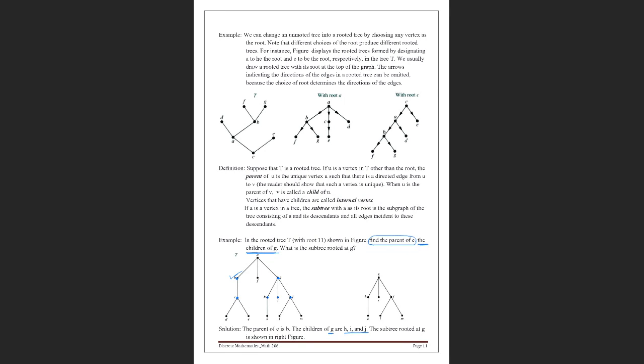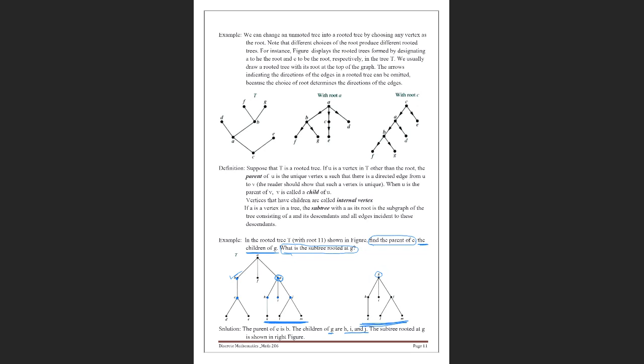Okay, and now the last question: what is the subtree rooted at G? It means if you take this G as root, then everything below G, from root G downward, is the subtree.